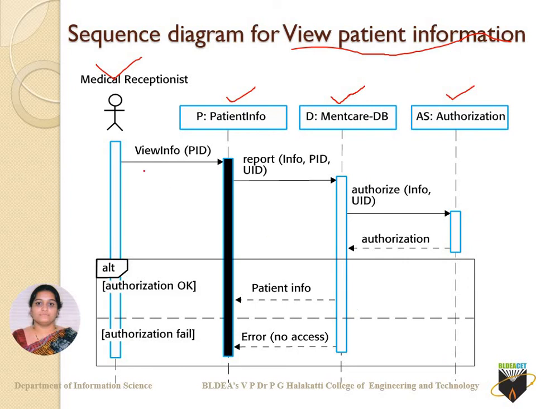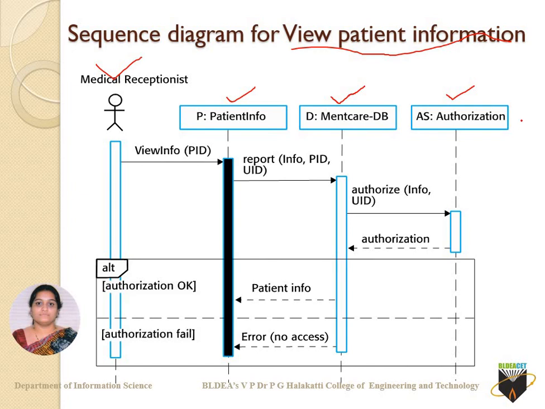So the very first step is that the medical receptionist will be viewing the info. For viewing the info you require the patient ID. Then it will ask for that particular information from the Medicare database, that is a request for info with PID and UID. What is this UID? UID is nothing but the user identification of this particular medical receptionist. Every medical receptionist has a user identification, and that UID will be given.